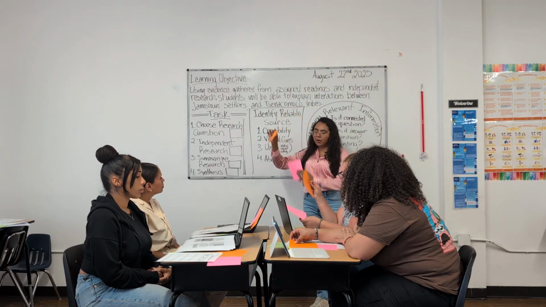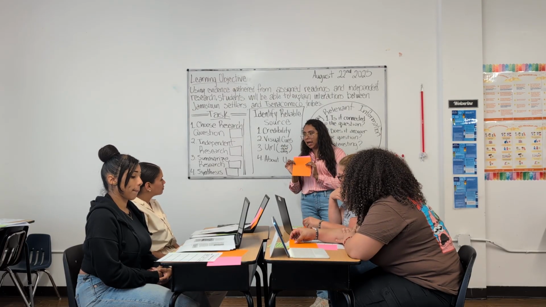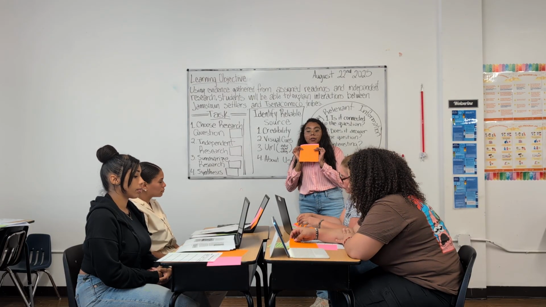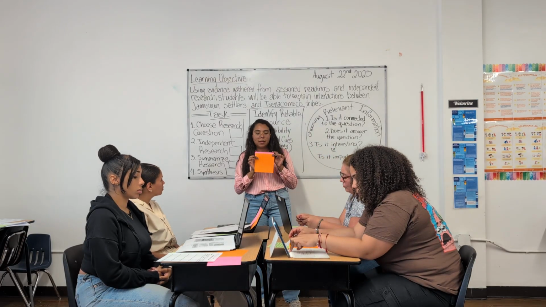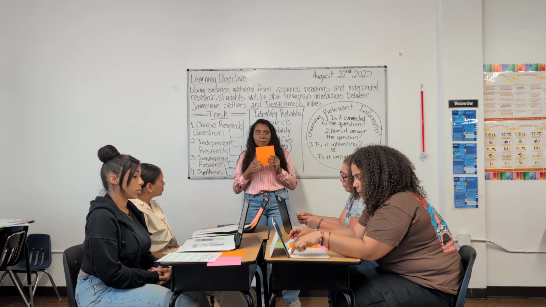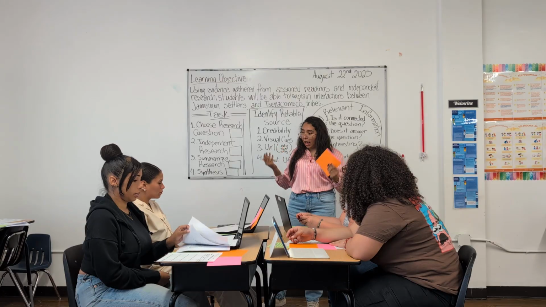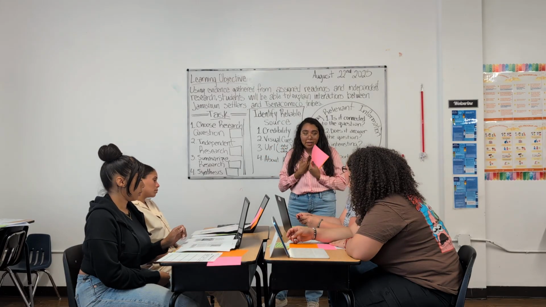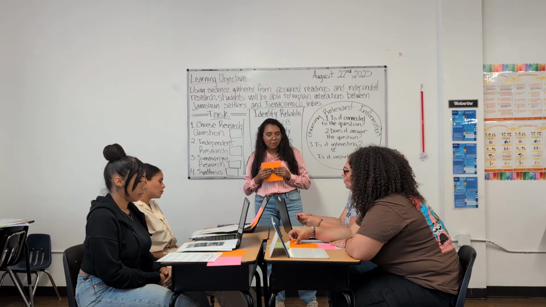The orange paper is for questions, things that you do not understand. I don't want you to feel stuck in the information. If you find something and you don't understand, you need a little bit more elaboration, please feel free to ask one of your peers, ask me, or jot it down, and then we can review it together, okay?